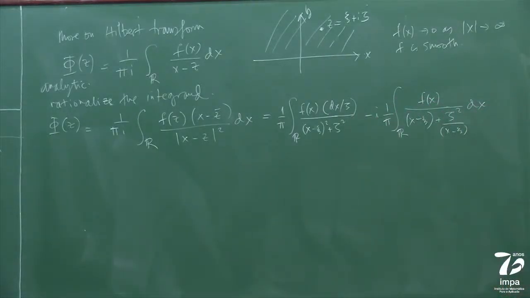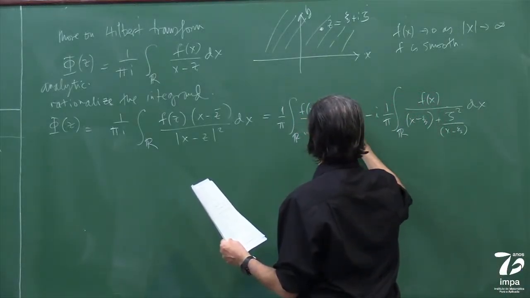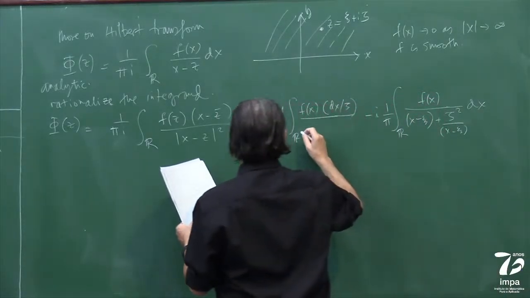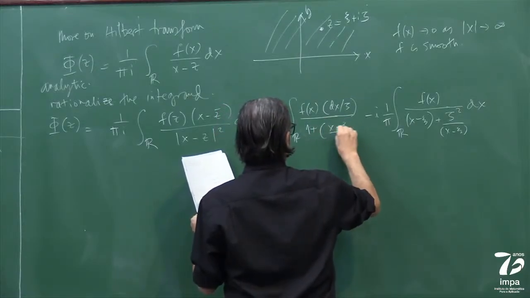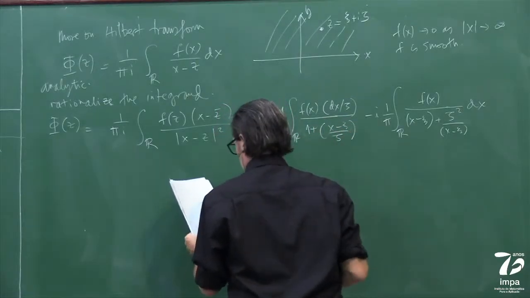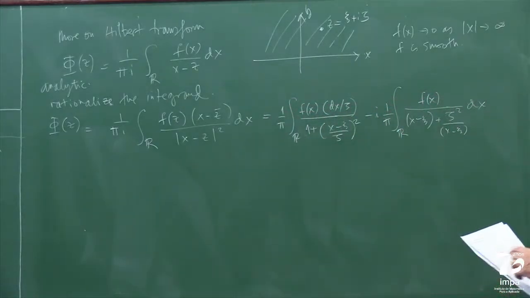Let's see if I copied correctly. Wait a minute. No, I didn't. This one I mixed up two things, sorry. I looked at the wrong one. Let me double check because I just skipped one line to save us time.